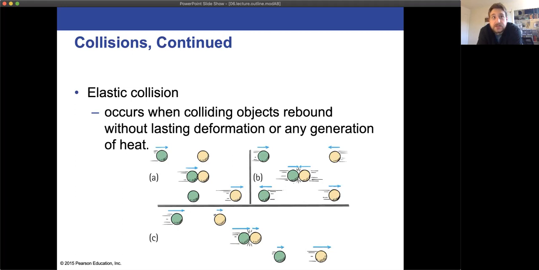We don't create or emit a lot of heat or sound or anything. And the classic example of an elastic collision are the kinds of collisions that occur between billiard balls, pool balls.